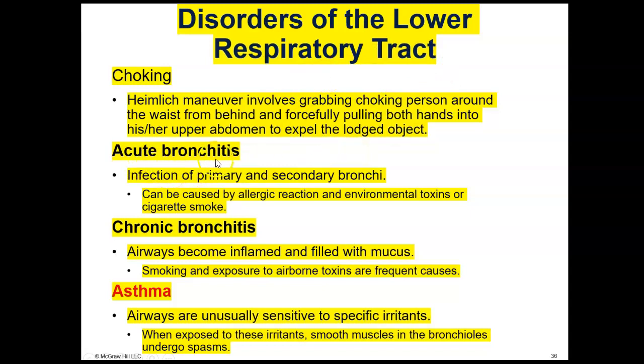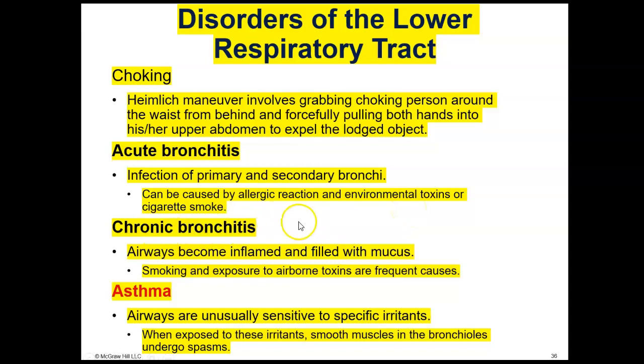Then you can have acute bronchitis, which is inflammation of the bronchi. These are the large airways. Remember, they branch into smaller bronchioles, and you can also have bronchiolitis, which is a deeper lung infection. But acute bronchitis can be caused by allergies. It can be caused by environmental toxins or cigarette smoke.